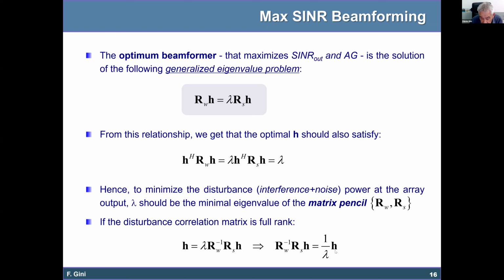And so the solution H, the optimal H, is what? Is the eigenvector associated to the maximal eigenvalue of this matrix Rw inverse times Rs.